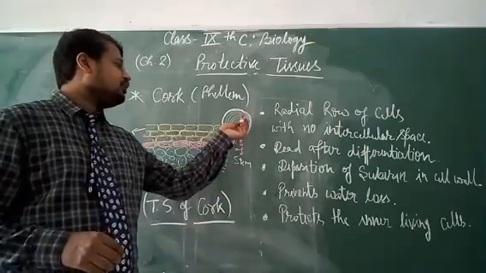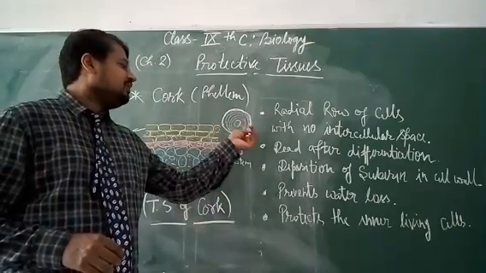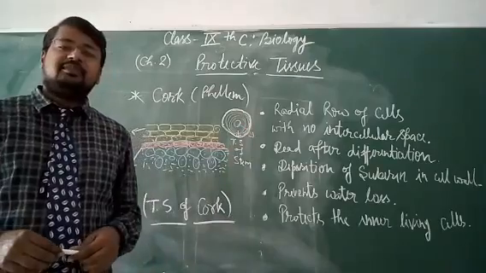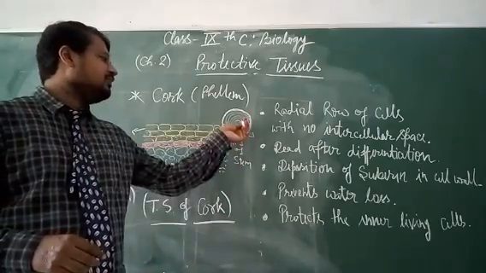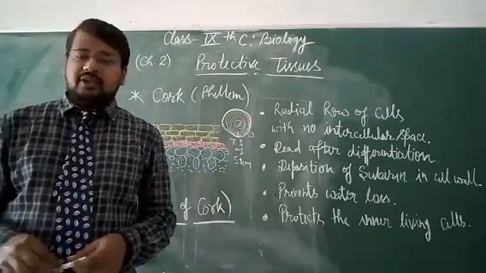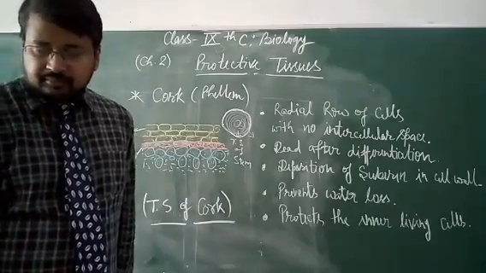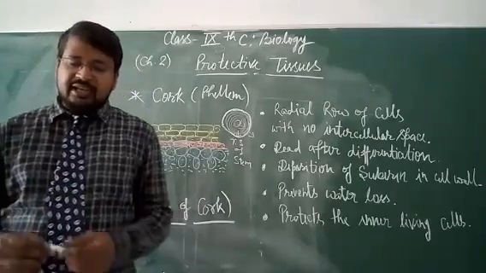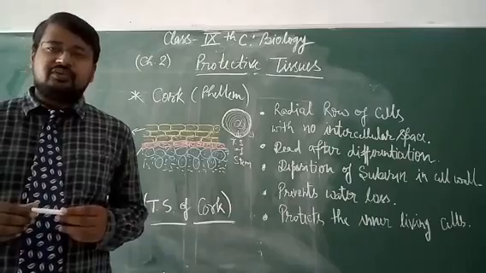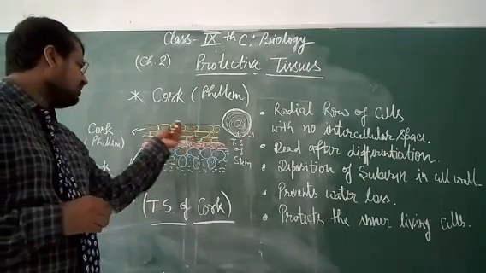If the internal moisture is going out from the plant stem, then the chances of the cells becoming dead are higher. Okay. So, in your book it is mentioned that these cells are arranged in radial rows, circular rows, as it is mentioned.